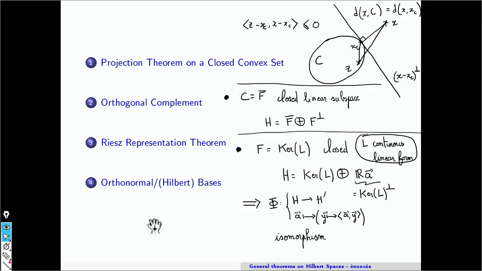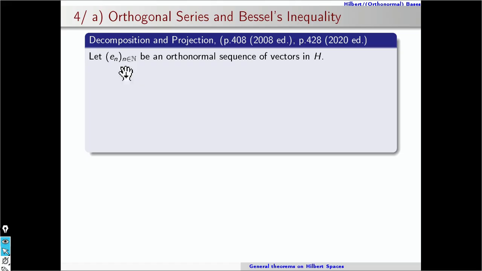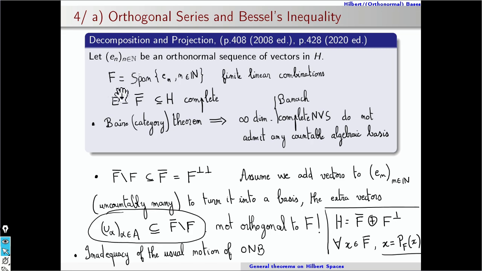Let us now address the notion of orthonormal basis or Hilbert basis. Let En be a countable family of orthonormal vectors of H, and let capital F be the linear subspace it generates in the algebraic sense, so by finite linear combinations.